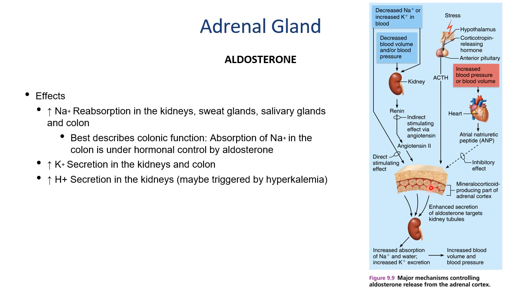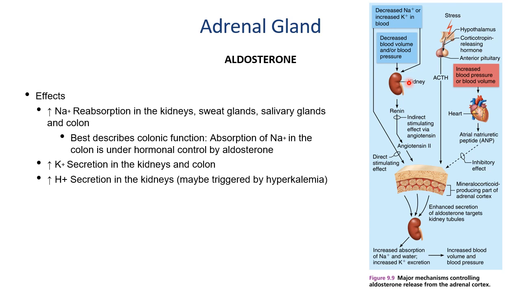So what would be these regulatory signals? Number one, a direct stimulating effect of low sodium levels in the blood or high levels of potassium in the blood that will directly cause the zona glomerulosa to release aldosterone. The next stimulus is decreased blood volume or blood pressure, which is detected by the kidney.